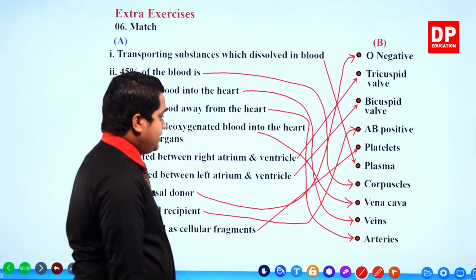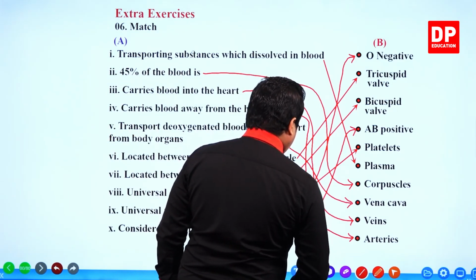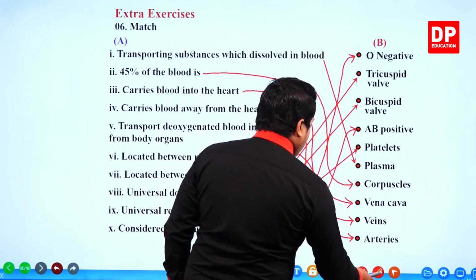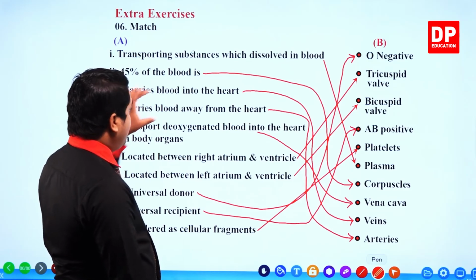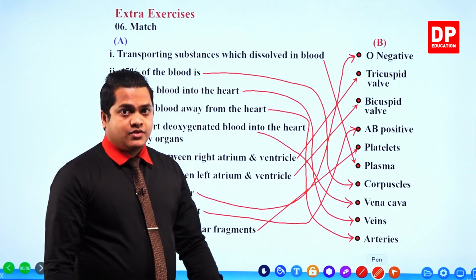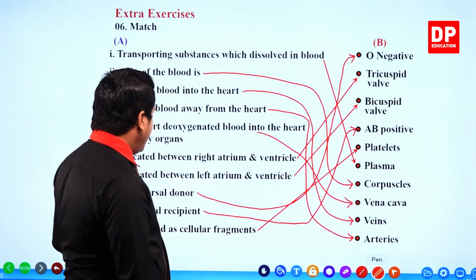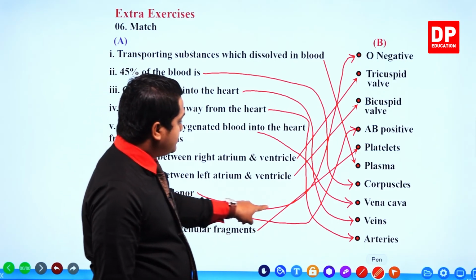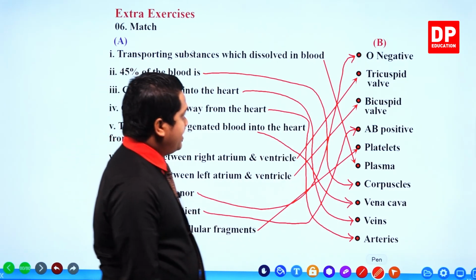To make this more convenient and easy to identify, I'll once again mention the correct number within the brackets. First one, O negative. O negative is the universal donor, which is number 8.